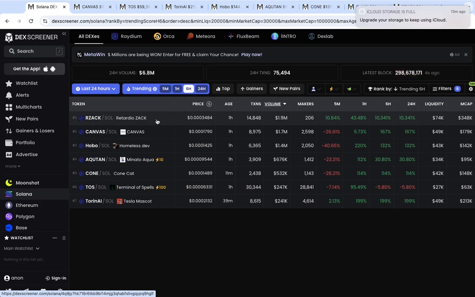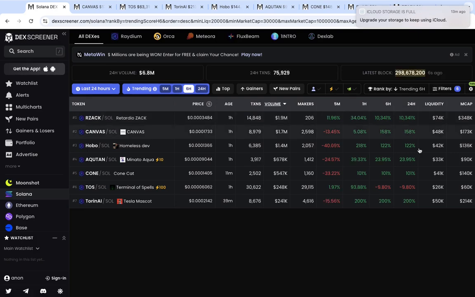RZACK, Retagio Zak. So number one, I already know that Retagio Zak is a derivative of Retagio. So Retagio was a coin that blew up a while back. And just right off of this, it is clear for me to understand that this project is not going to go anywhere, because there's no originality.